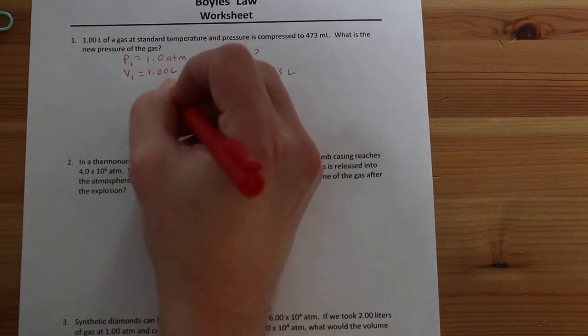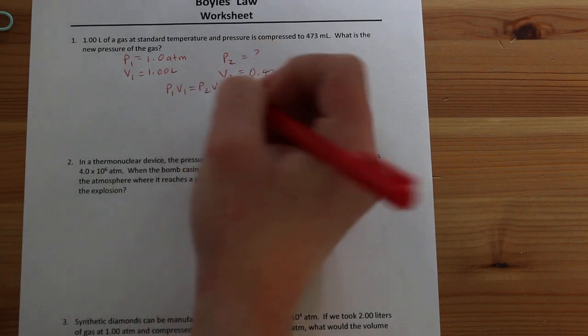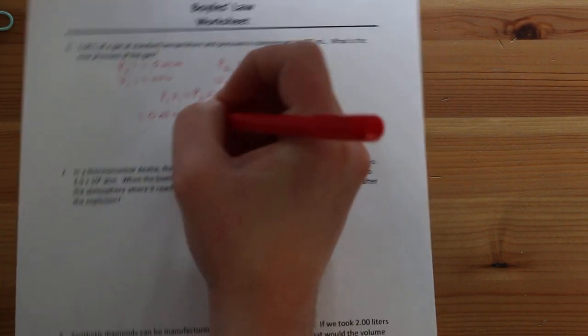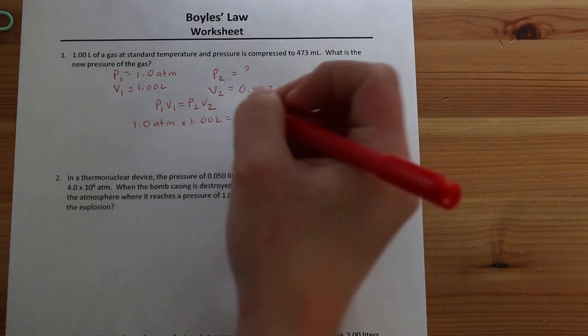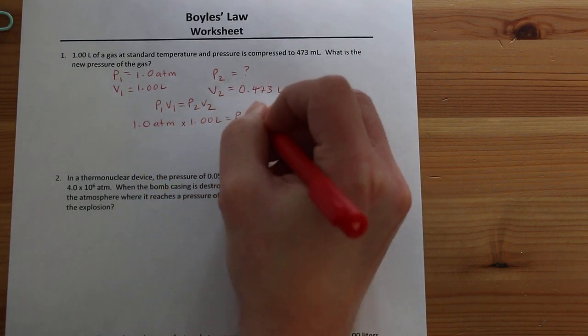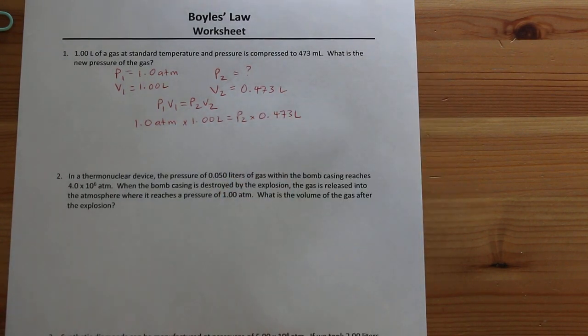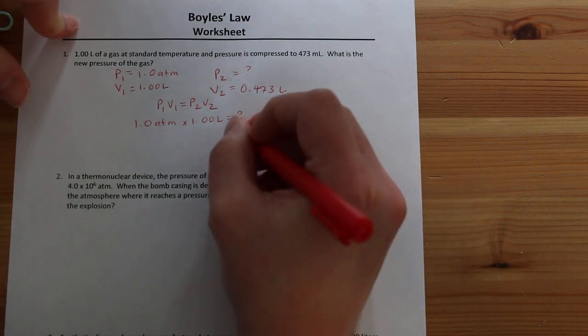So we'll rewrite it. P1V1 equals P2V2. So that'll be 1.0 atmospheres multiplied by 1.00 liters equals P2 multiplied by 0.473 liters. Again, we want to get P2 by itself, and in order to do that, we need to divide both sides by 0.473 liters.